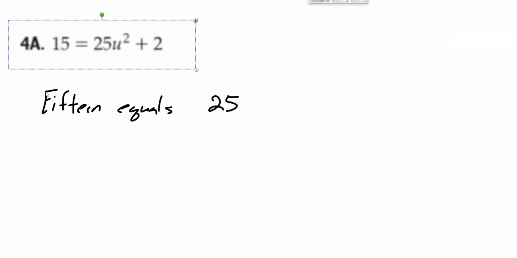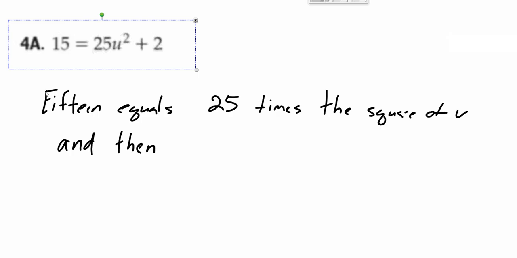So equals 25 times the square of u, and then increased by 2. So 25 times the square of u, and then add 2. And let's put out u. So there are several ways this can be written. This is one that is an acceptable way to do it.